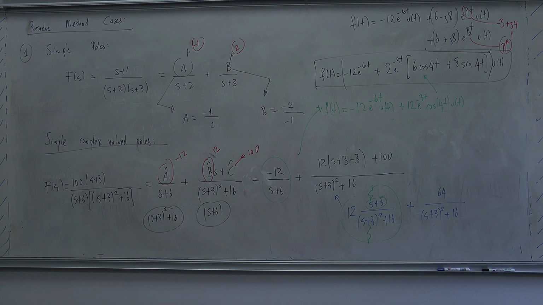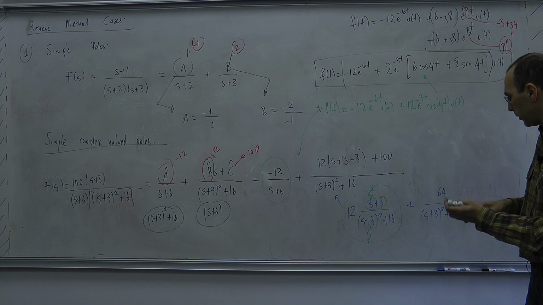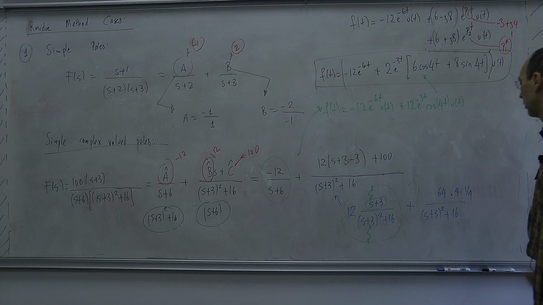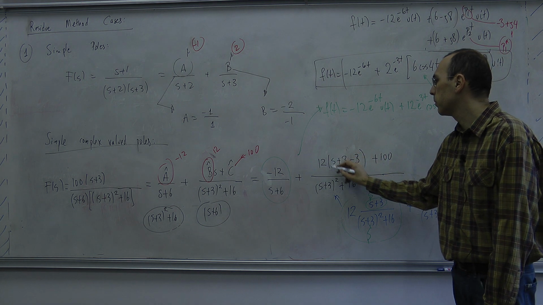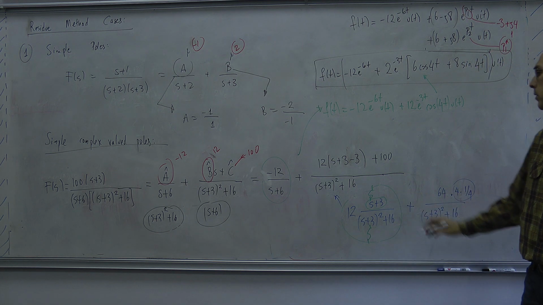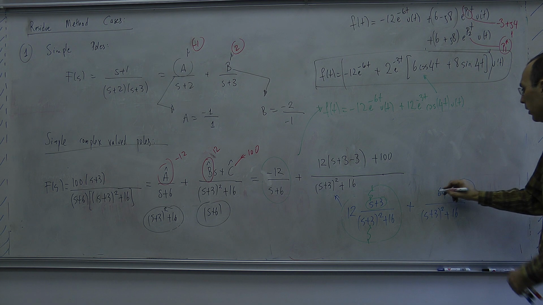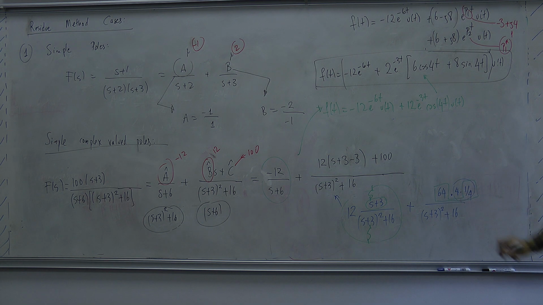Okay, how about this one? So this one is something like that, but I should be a little bit careful. I'm writing 4 and 1 over 4. Obviously this is 1. So as you see, I have written s plus 3 minus 3 to create this s plus 3. Now I'm creating a 4 over here, and these two terms make a 16.